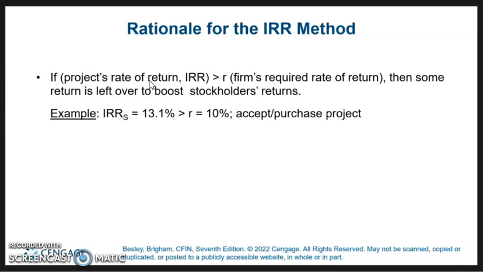So if the project's IRR is greater than the firm's required rate of return, there's return left over to boost the stockholders' return. So, for example, IRR of S is 13.1, which is greater than the required rate of return of 10%, so you'd accept the project.